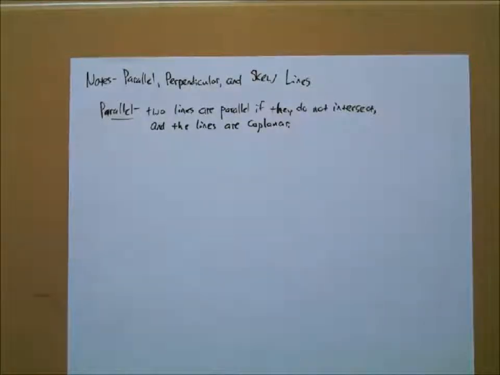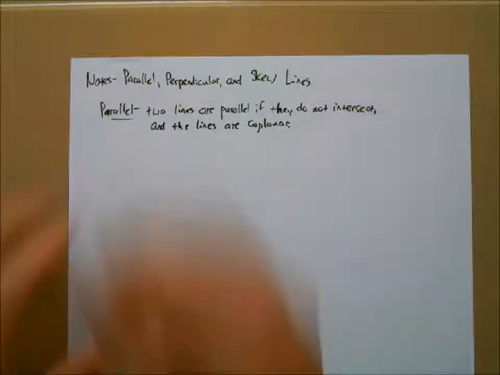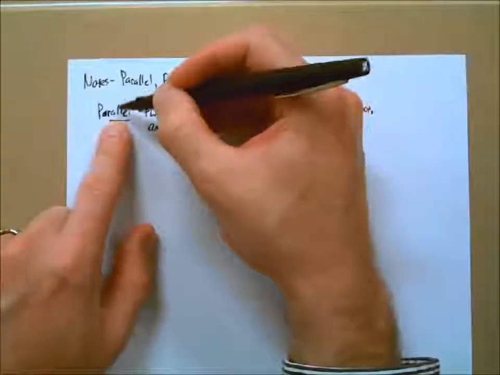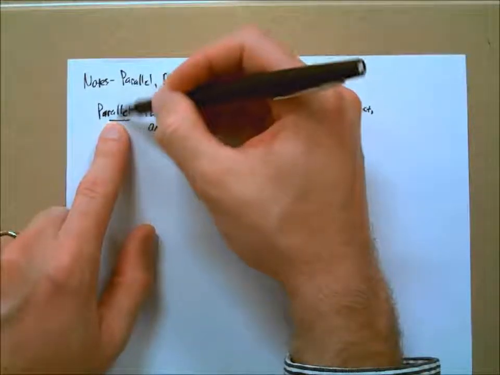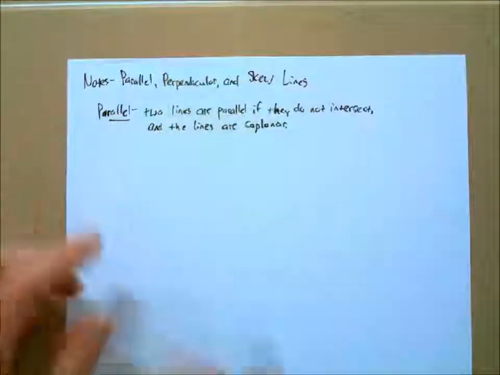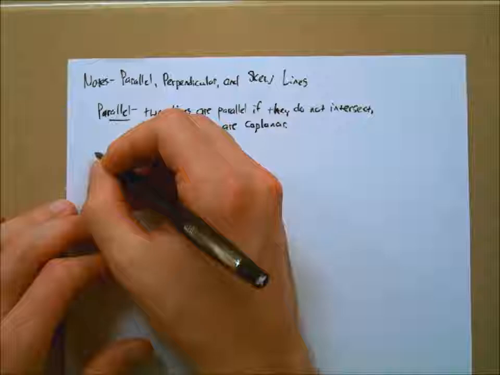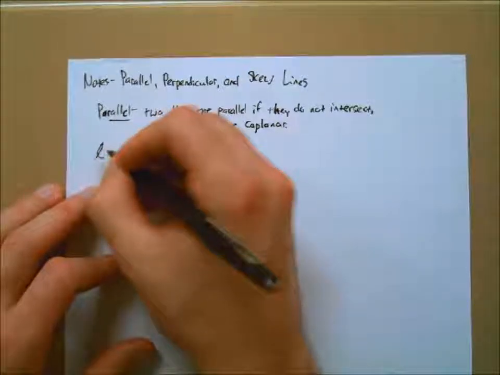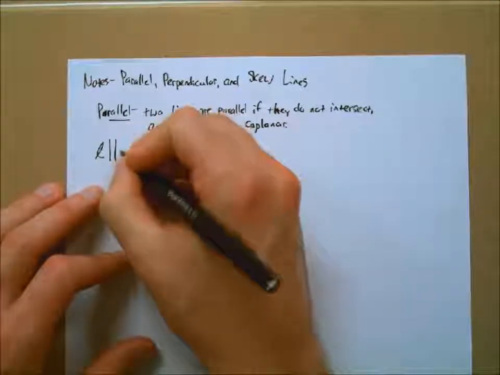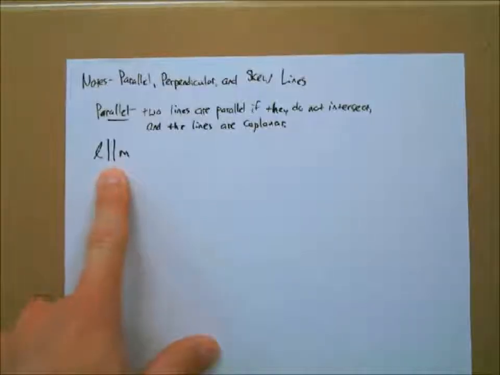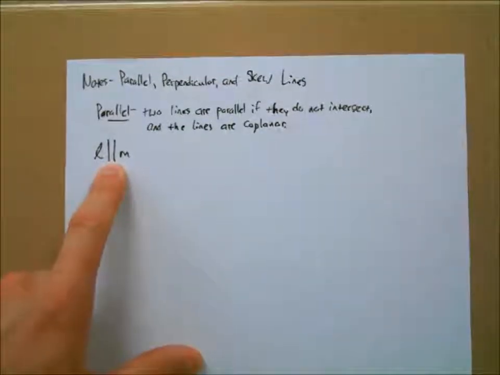Parallel lines is clear. The symbols that we use for parallel lines, and I guess it's really helpful too, like parallel, right? The 2 L's even make a little set of parallel lines there, right? So anyway, the way you describe 2 lines to be parallel is using this symbol right here, okay? A little pair of parallel lines.